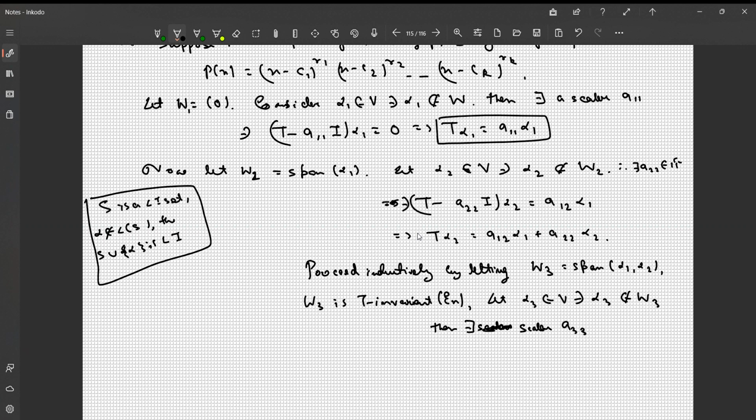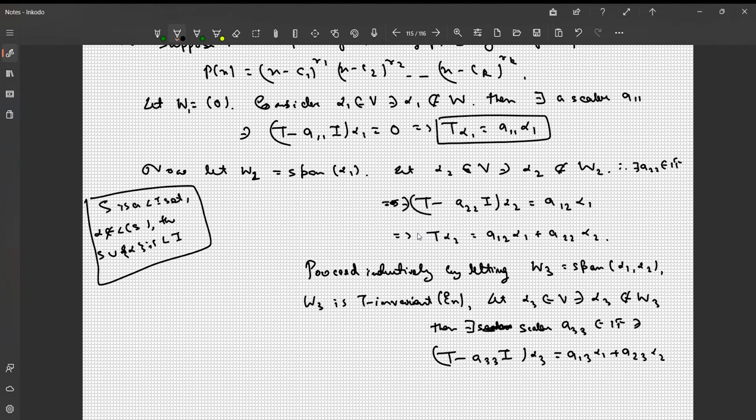Then there exist a scalar, say A33 in F such that T minus A33 I of this vector alpha 3 is some linear combination, because it's in W3, so it's some linear combination of the elements alpha 1 and alpha 2.